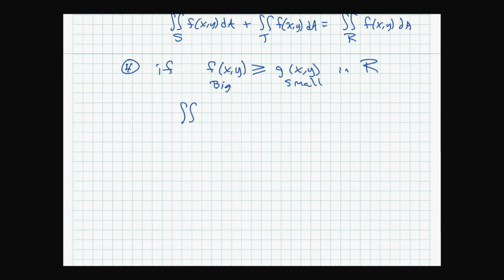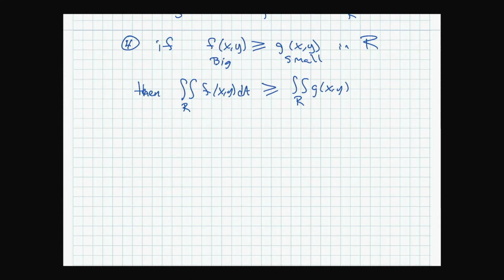When you do the integral of f, it's going to be bigger than the integral of g. So the integral of the big function is bigger than the integral of the small function. And that same property exists for regular integrals.